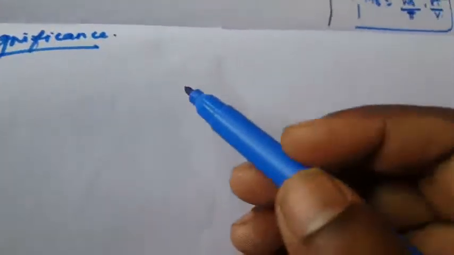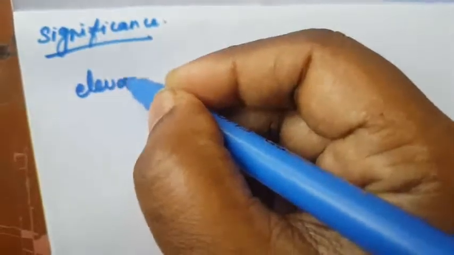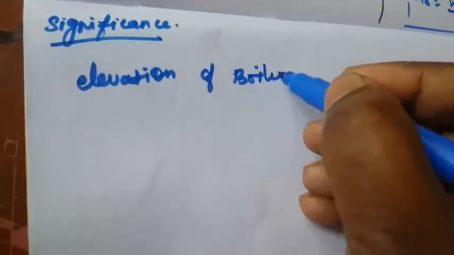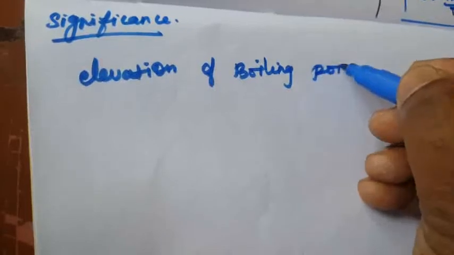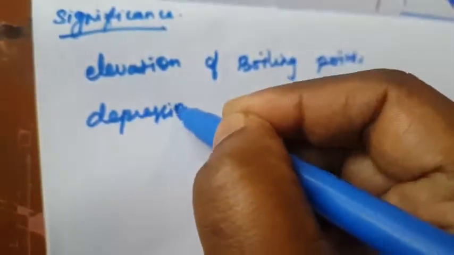Okay, so what is the significance of osmotic pressure among all the colligative properties? So what are the colligative properties? That is elevation of boiling point and depression of freezing point.